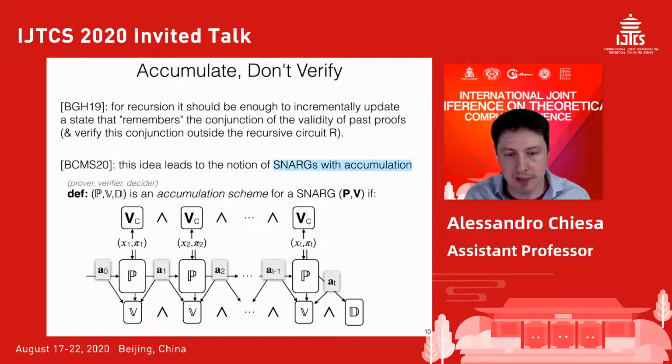A2 would be this thing with some random coefficient in front, and you add it to the old one, so that if you want to check the linear statement, it suffices to check this one, because this guy made sure that A2 was a random linear combination of the previous one and the next statement. So you should think of accumulators as random linear combinations of all the theorems and statements you've seen so far, in such a way that you only need to check the latest linear combination, so it doesn't really blow up. So hopefully that helps with the mental picture.